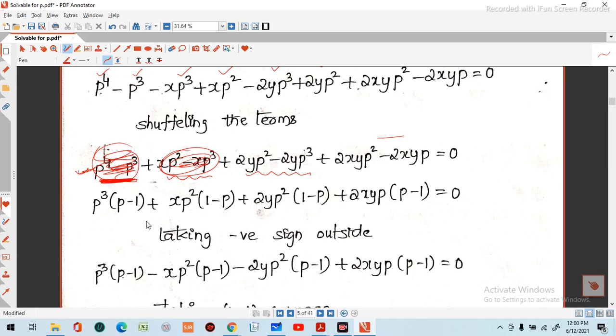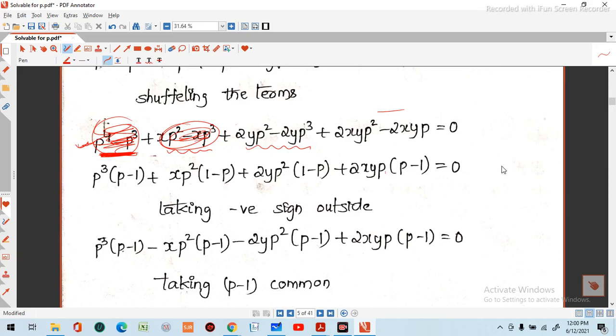Now everywhere in this equation, you are having p minus 1, 1 minus p, 1 minus p, p minus 1. Is it not? Yes, sir.